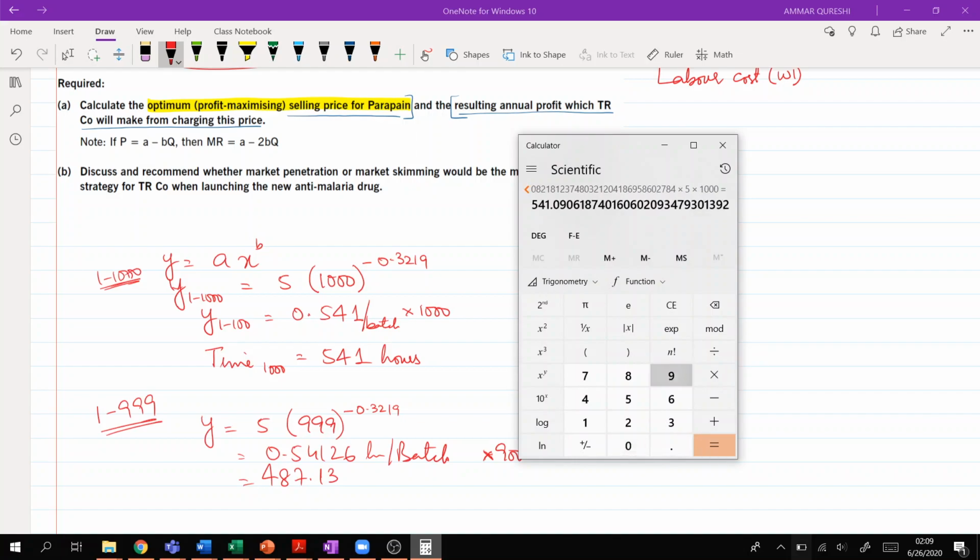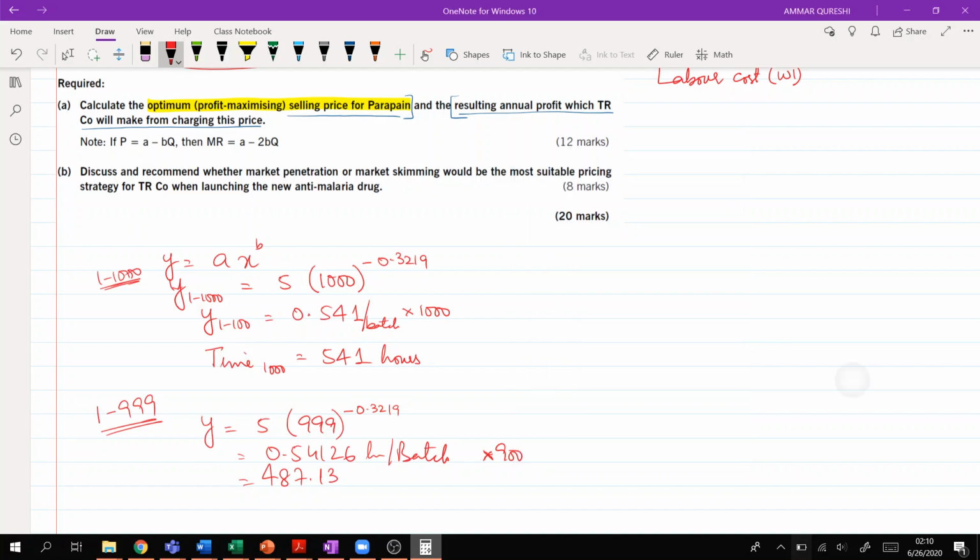It's fine. 999 raised to the power minus 0.3219, times 5, times 999, gives 540.72, right?